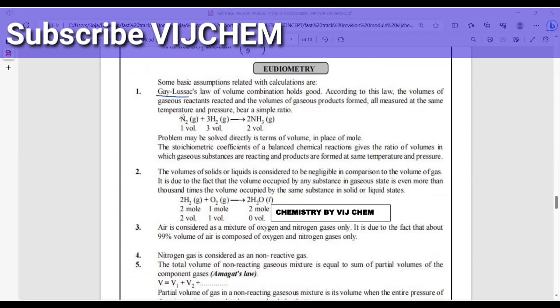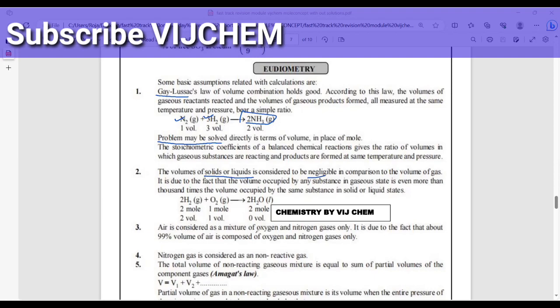In eudiometry, how much gas is available? Gay-Lussac's law we can use: 1 mole of this reacts with 3 moles of this to form 3 moles. Accordingly, we can find out the volume of unknown substances also. We should not take the volume of solids or liquids because their value is negligible.